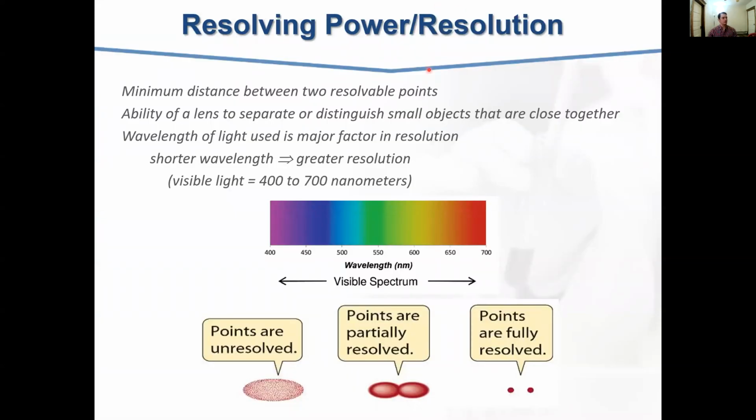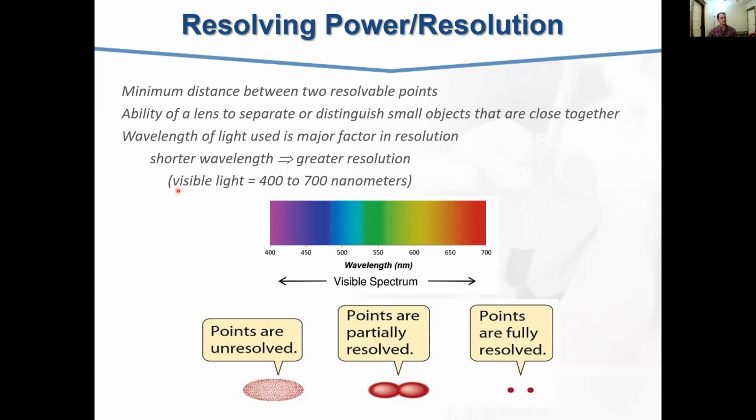So as a summary, the minimum distance between two resolvable points is what your resolution or your resolving power will describe. Another factor that I want you to keep in mind is that the wavelength of the light is also a major factor. If you look at the visible spectrum, moving from your purples to your reds, you have an increase in the photon wavelengths.